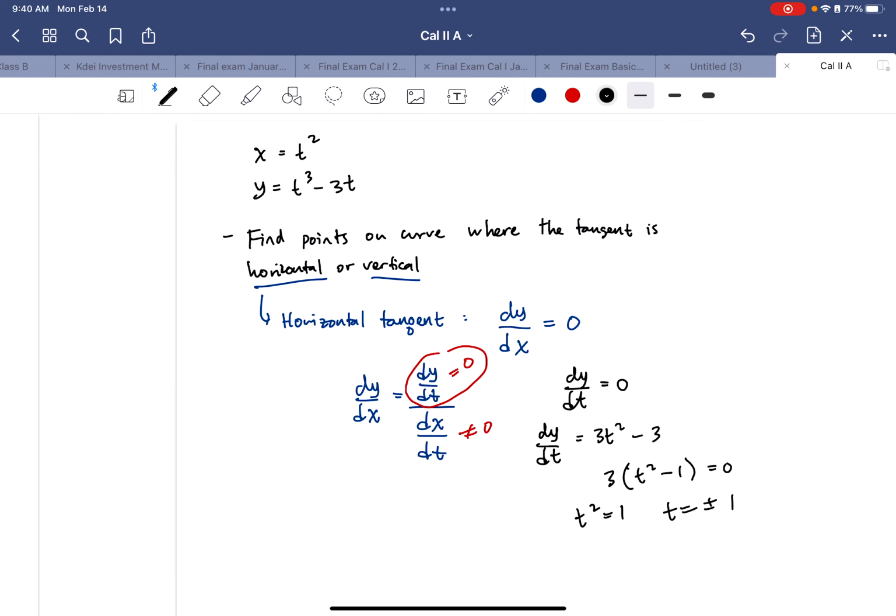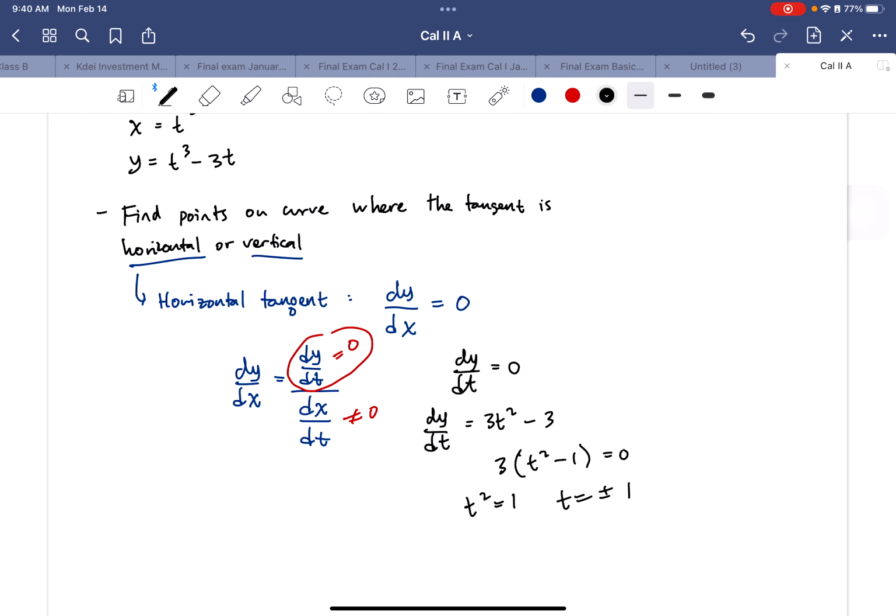So when t is plus or minus 1, the points are (1, -2) and (1, 2), right?